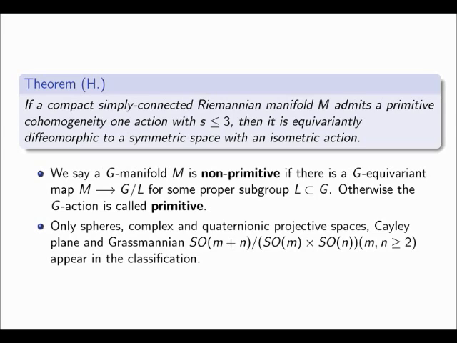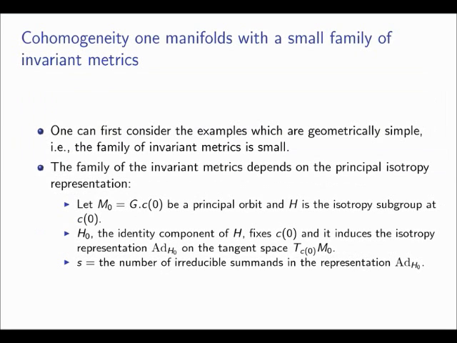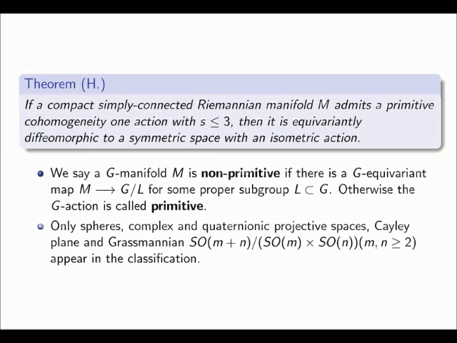At the end I just want to mention another classification. If we look at compact and simply connected Riemannian manifolds with a simple cohomogeneity one action with S less than or equal to 3, you can go back to the last slide to see the definition of S. This condition just means the action is not very complicated.